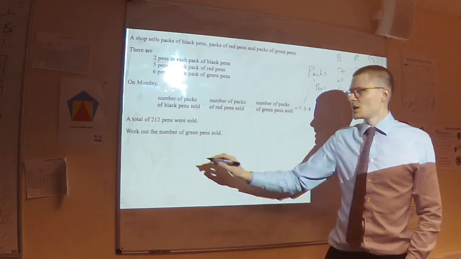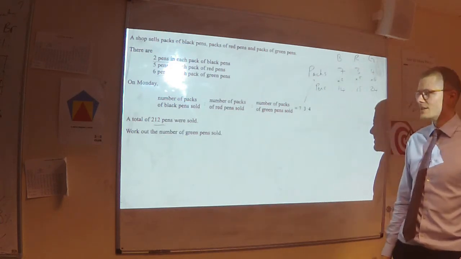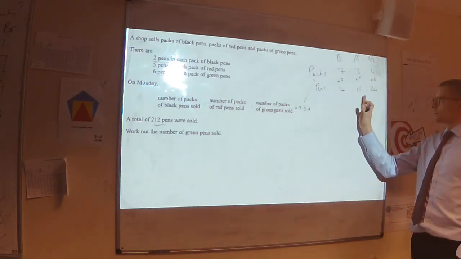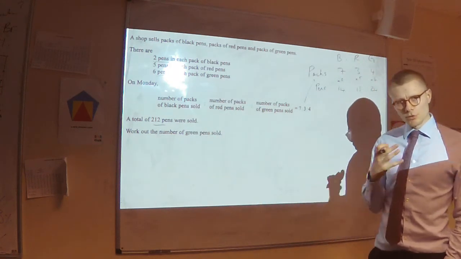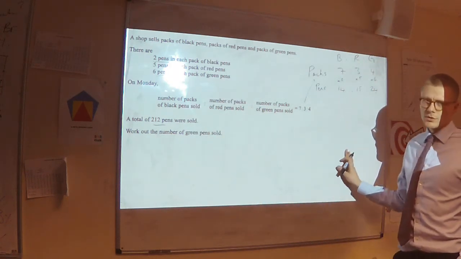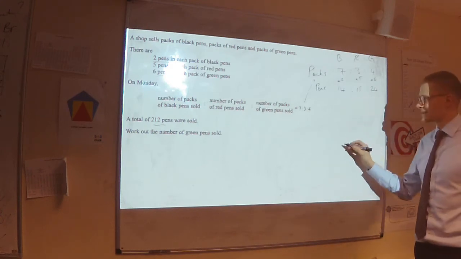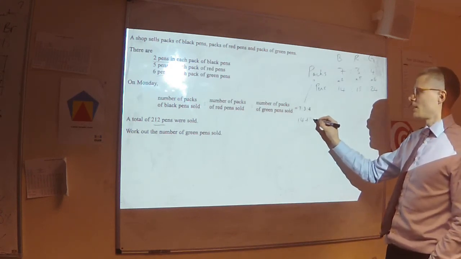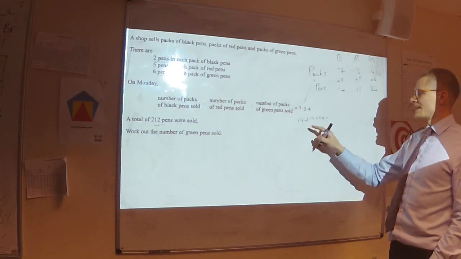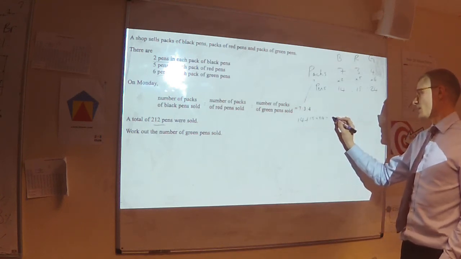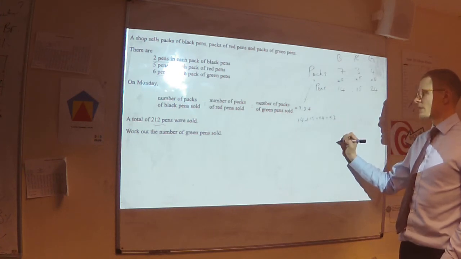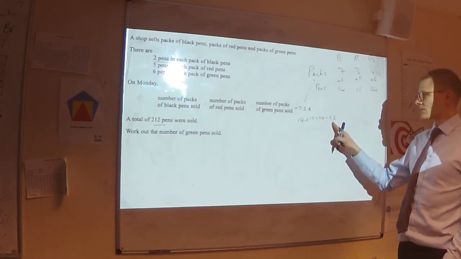That's my 2 marks. A total of 212 pens were sold. So I need to do something to this ratio to work out how to get to this point. A really nice step is to do as follows. 14 plus 15 plus 24, let's work out how many pens that is. 14 plus 15 is 29, plus 24 gives me 53 pens, okay? 53 pens.